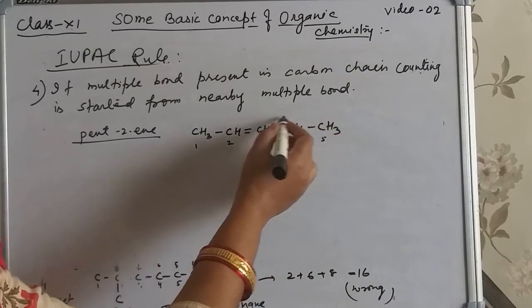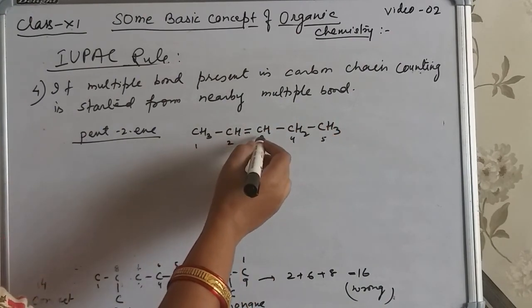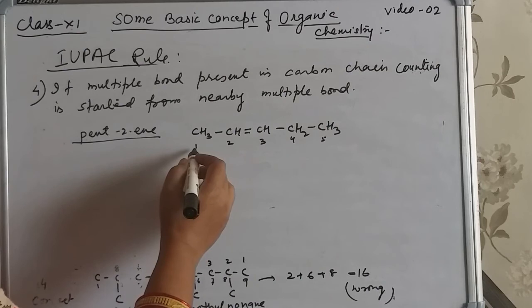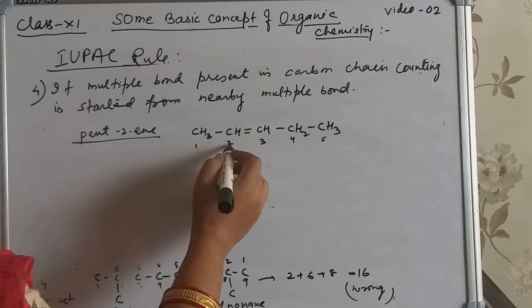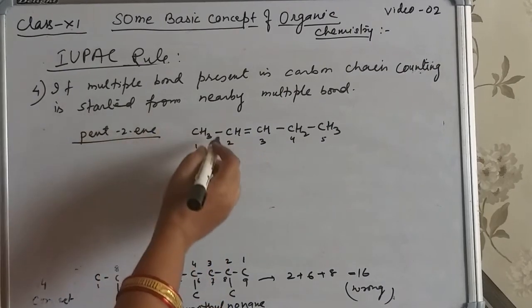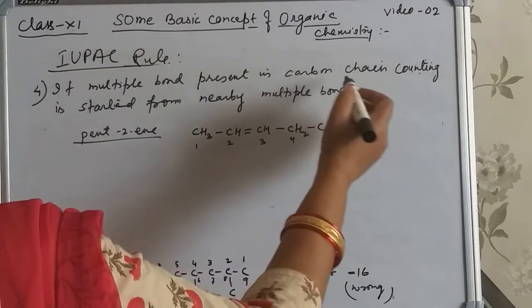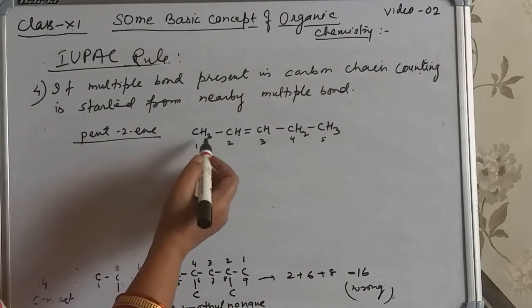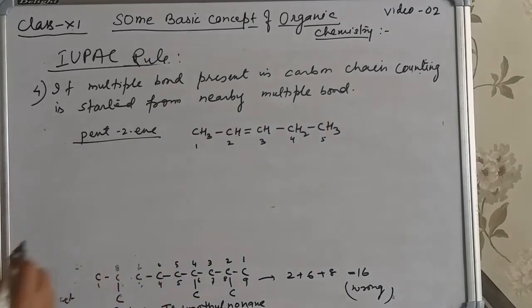If we count from this side, the multiple bond comes at position 3, but from this side the multiple bond comes at position 2. So according to the rule, we start counting the carbon chain from the end nearby the multiple bond.